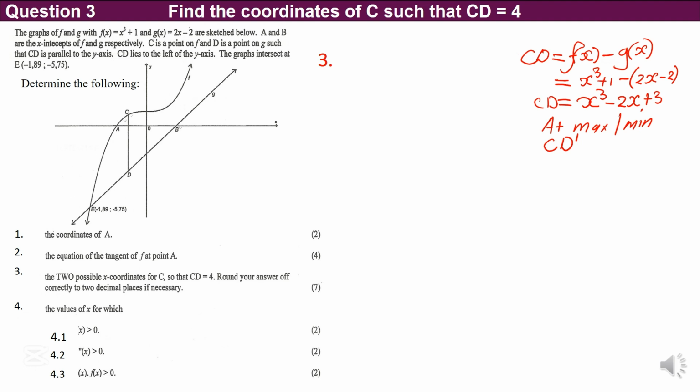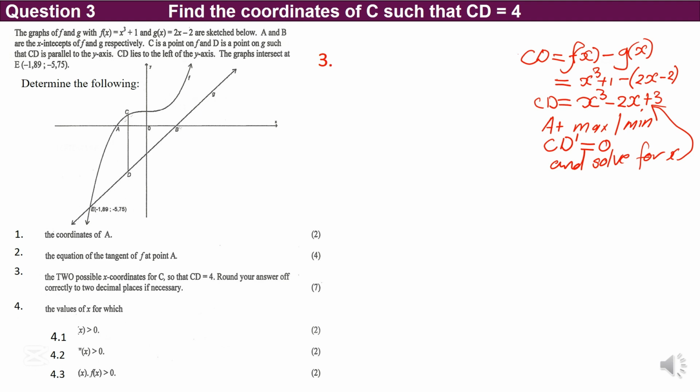So that means after determining f of x minus g of x, we differentiate that expression, equate to 0 and then solve for x. The x value that we get, we bring it back into the expression for the line. I bring it back into the expression for line CD and substitute into x to find the units or the length of the line CD.